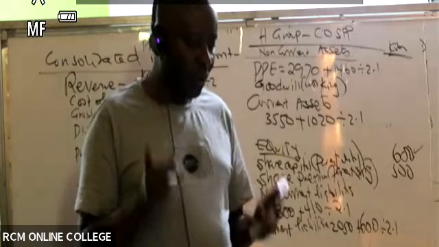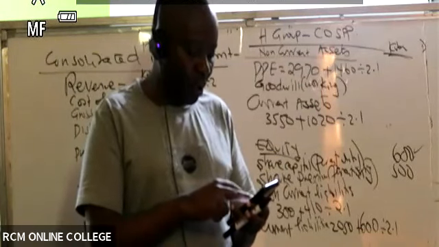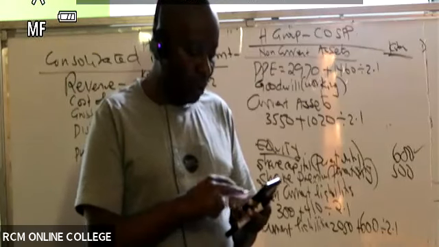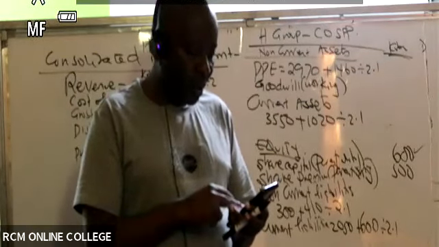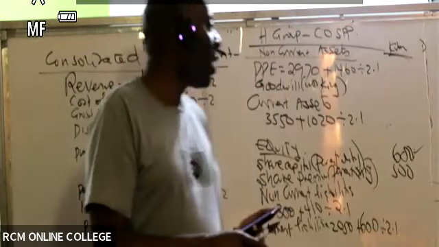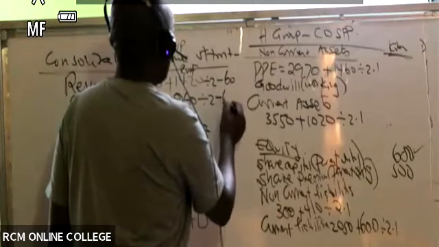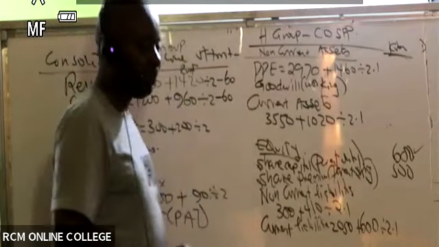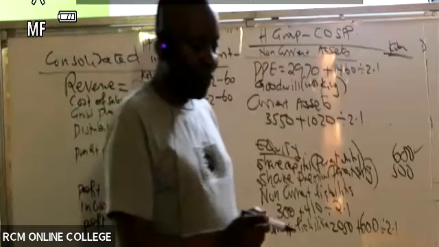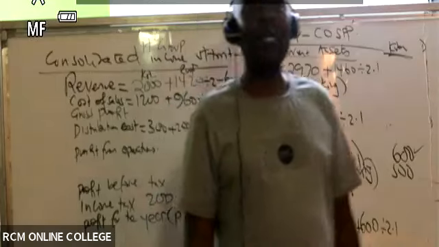The intra-sale, eliminate it. We eliminate it from sales and the cost of sales. So you come here on sales and then you subtract 60. It affects revenue and the cost of sales. Great. 60, 60.